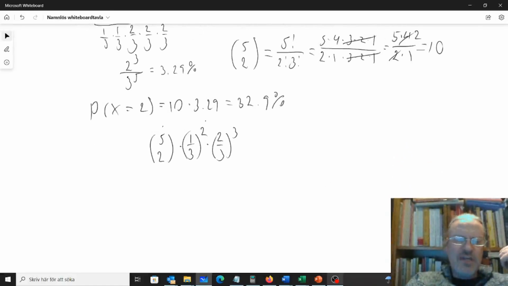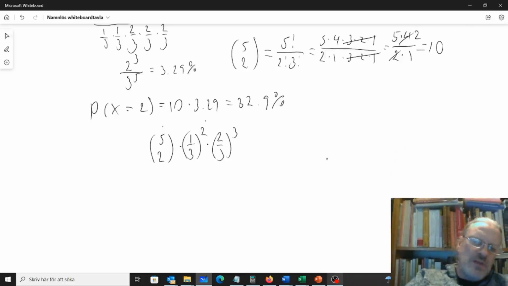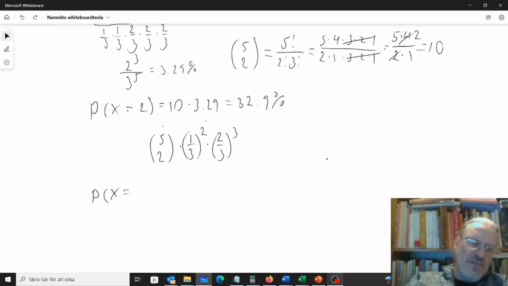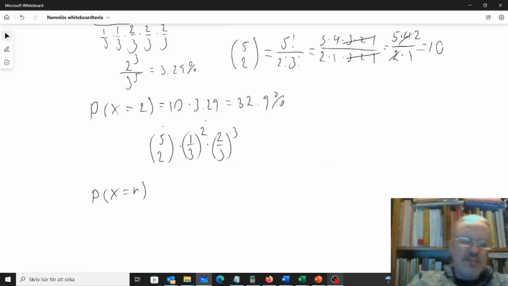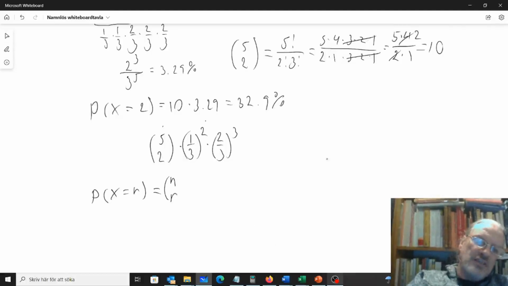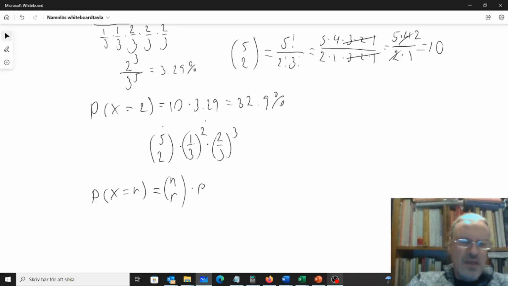If we look at this in general, we said that we do n trials, so we should try to find a formula for if x equals r, where we have done n trials. That will give us that, from n trials instead of 5 trials, we have r successes instead of 2 successes, and instead of 1/3 in general, that will be probability p, right?